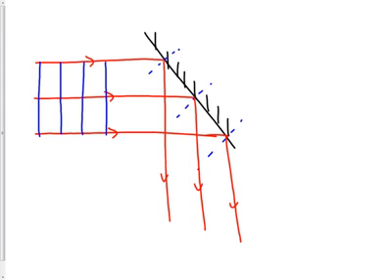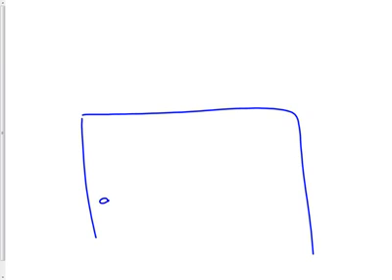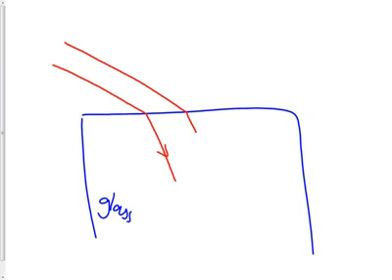Likewise, if you were to do refraction, let's say this is some glass and we had some light rays coming in, you know what's going to happen. They're going to refract towards the normal.